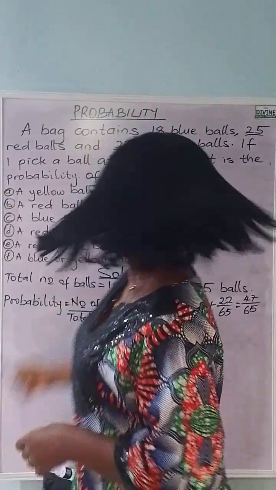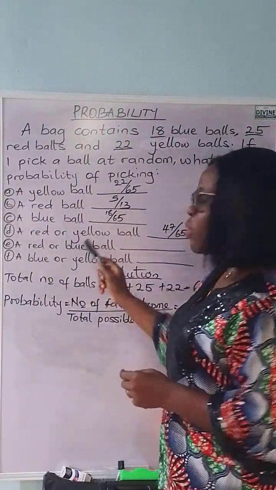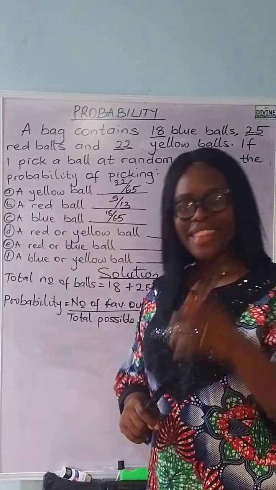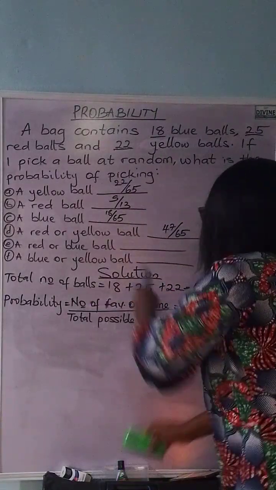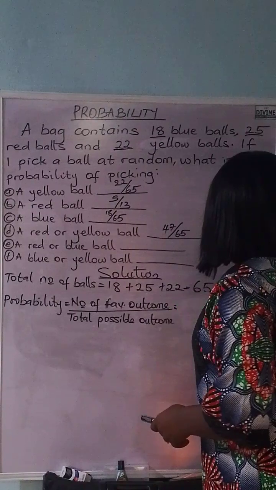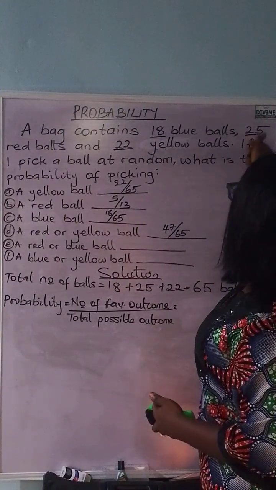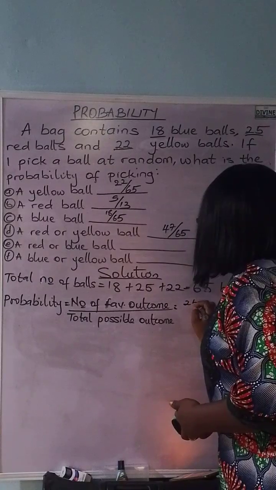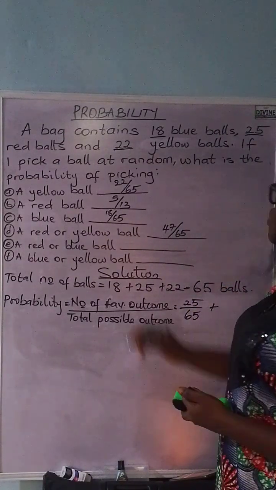I've solved this one. Can you try this and this? Pause the video and try the both of them, then look at my solution. Probability of picking a red or blue ball. A red ball is 25 over 65 plus, how many blue balls do we have?